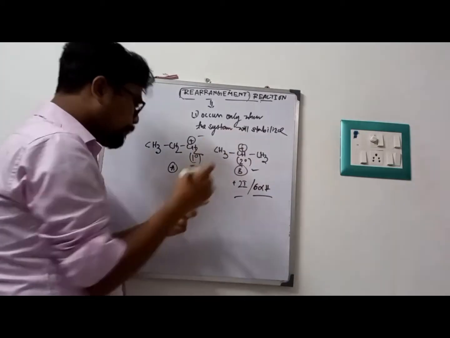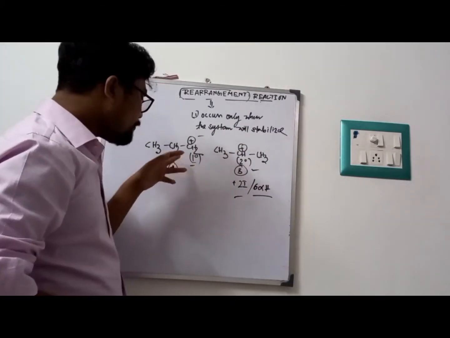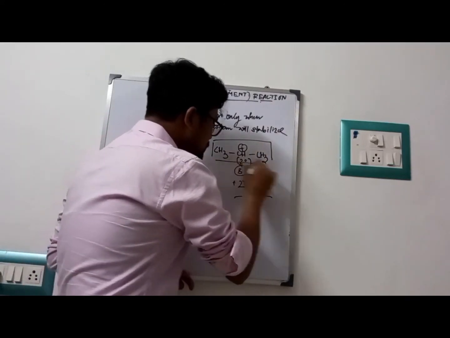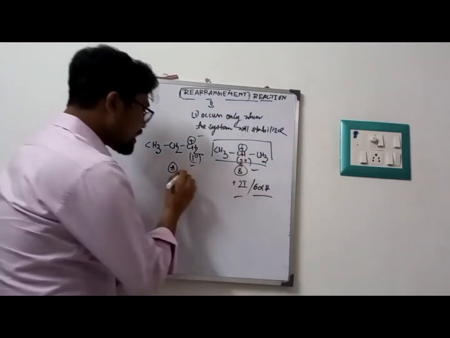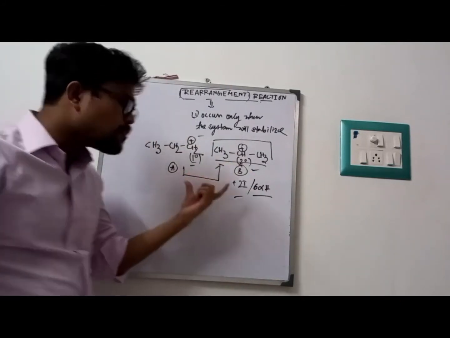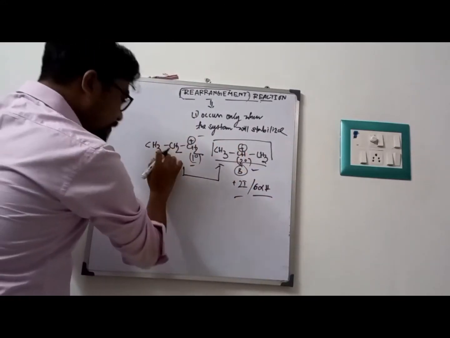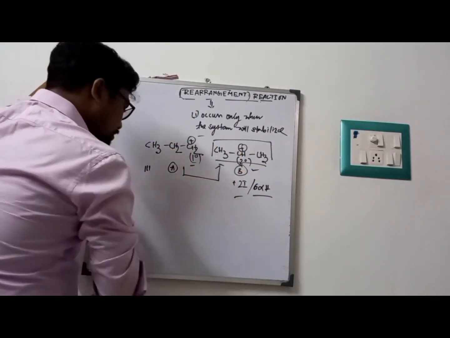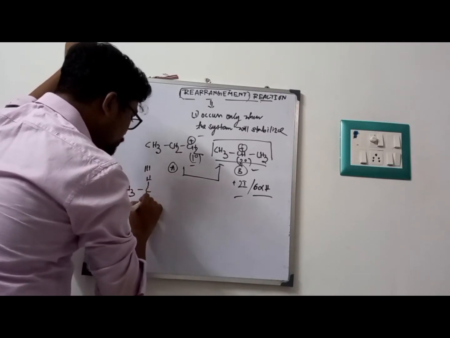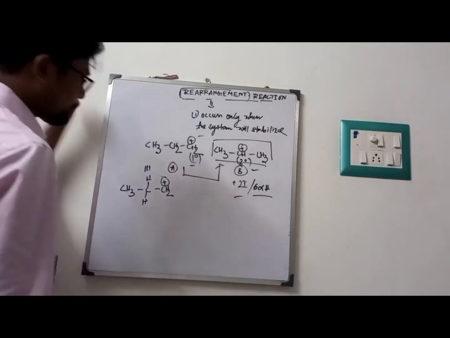Now try to think: can you go from A to B? Is there any way to go from A to B? Yes. Suppose I write the structure properly according to the bonds.